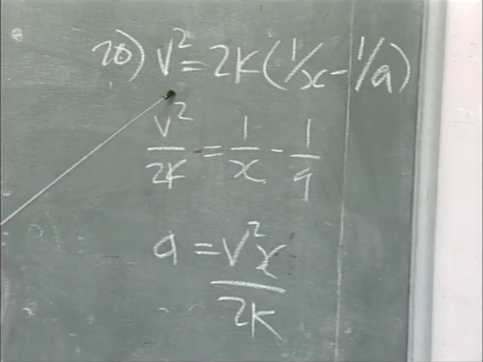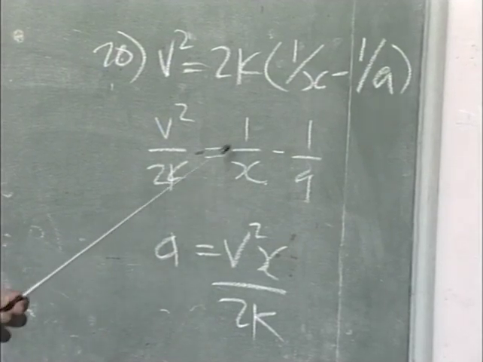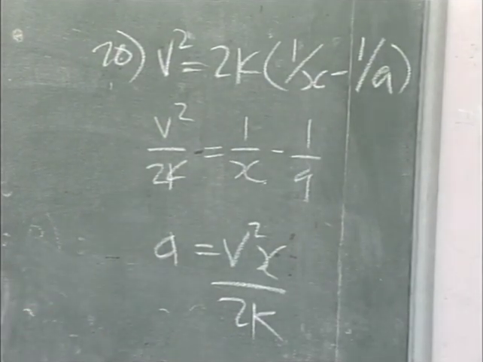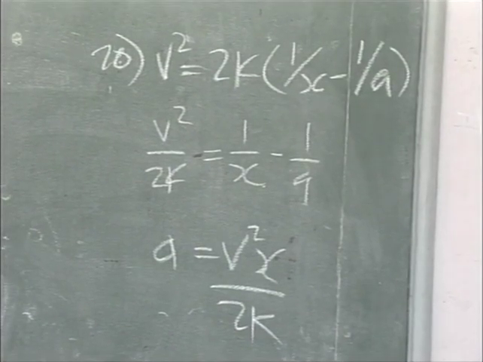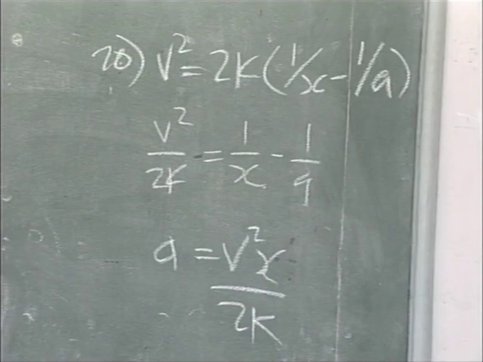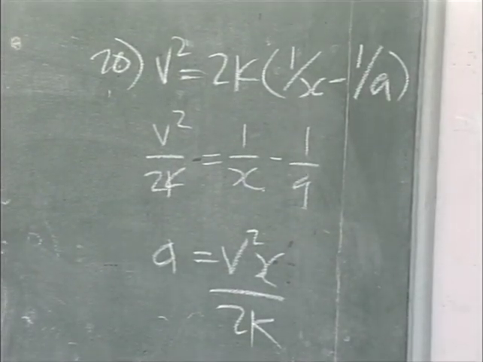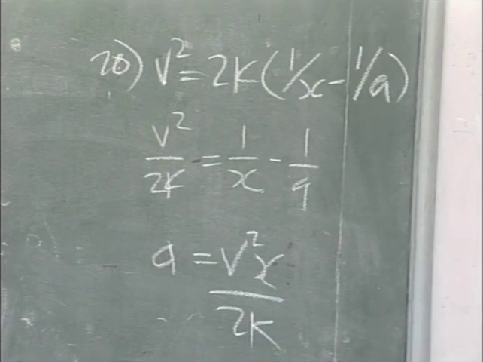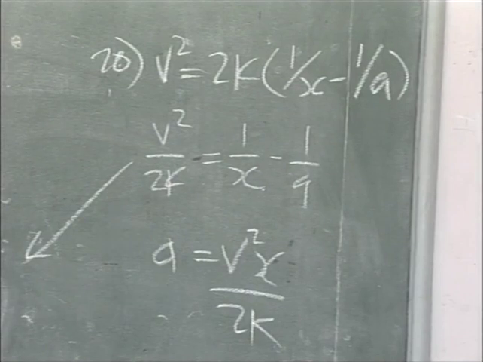First, he divided by 2k, which is correct. And then v squared over 2k equals 1 over x minus 1 over a. And then you have to multiply by ax, because ax is the lowest common multiple of x and a. So you will get from here, let me just remove this.